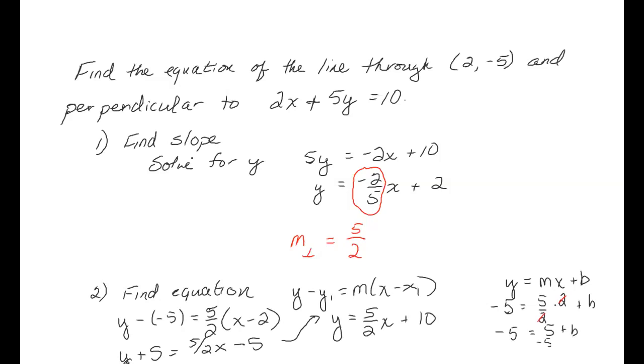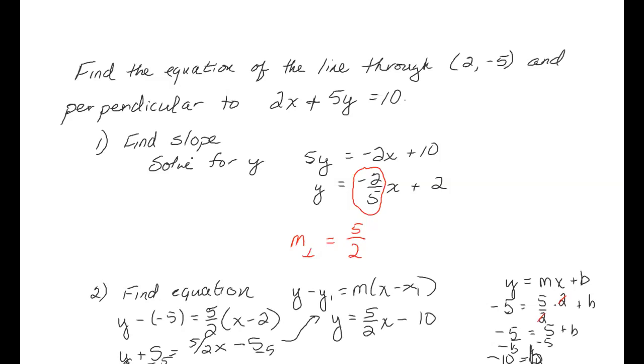I have -5 equals 5 plus b, and I'm going to subtract 5 from both sides, and b equals negative, oops, am I backward? I made a sign error on the last one. It's a good thing I did this 2 ways. You guys see the mistake I made? I messed up back here. This should have been a 5/2 x minus 10, because I needed to subtract 5 from both sides.